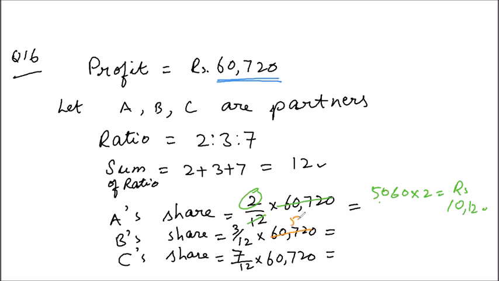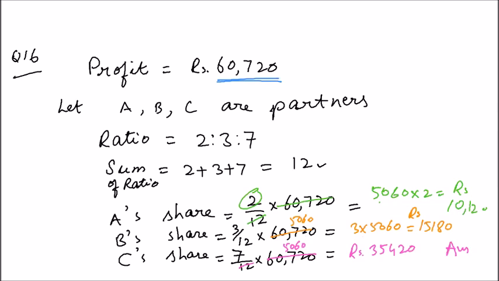Again we get 5060. Multiply it with 3 and we will get 15,180 rupees. Now here again we get 5060 and we will multiply it with 7 and we would get rupees 35,420 and this is the answer.